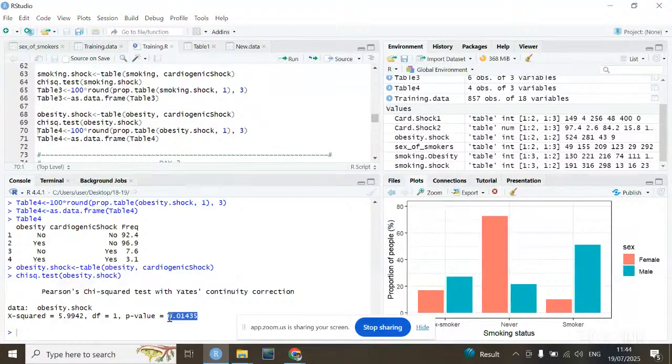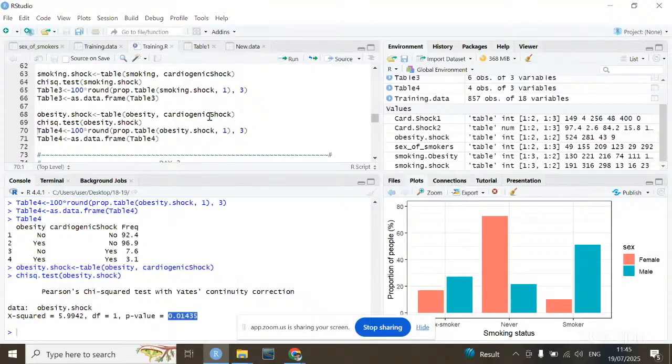There might be a relationship, but the relationship may be significant or insignificant. So for our case here, the p-value is less than 0.05. That's why we conclude that there is a significant association between obesity and cardiogenic shock.